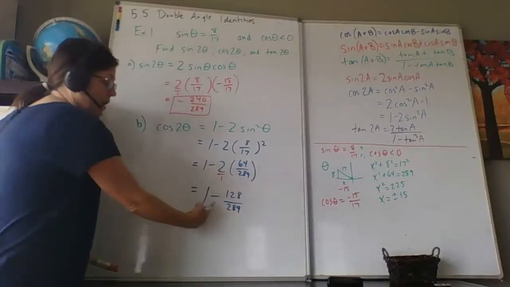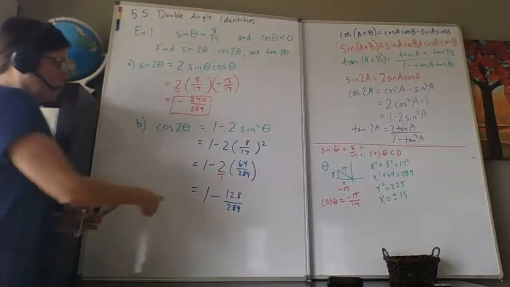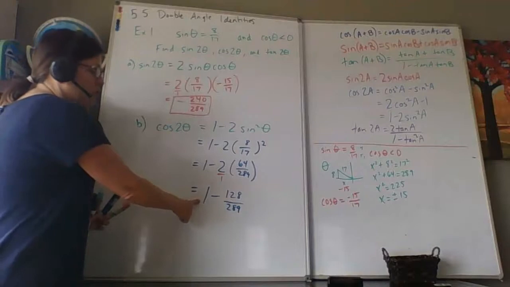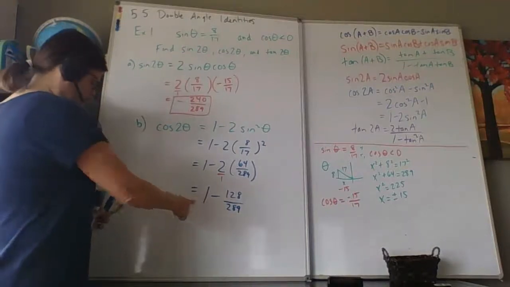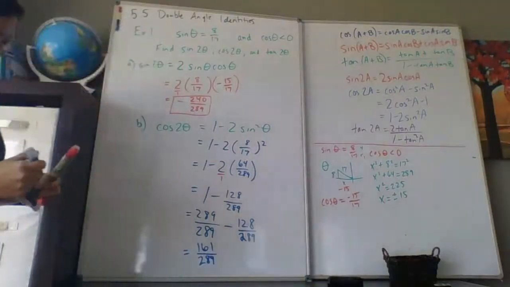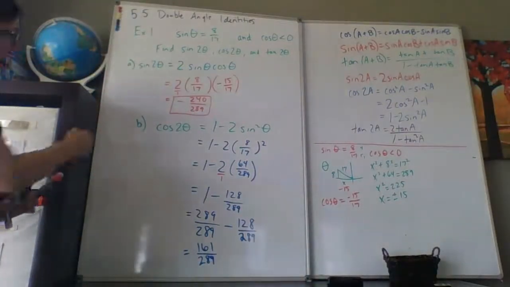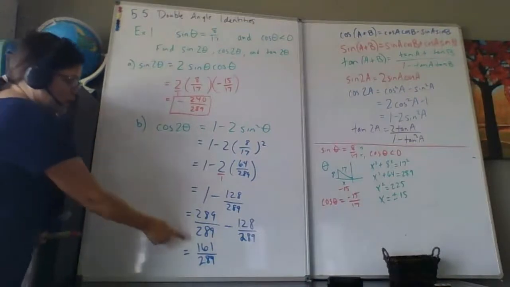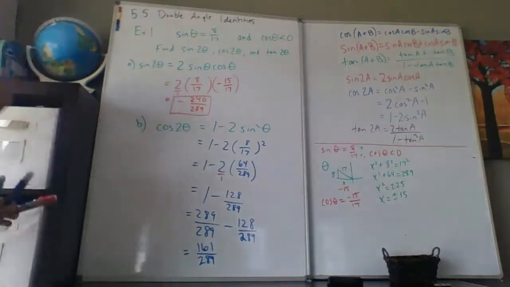Now we need a common denominator to subtract. So I will write 1 as 289 over 289. We subtract the numerators, the denominator stays the same, so we get cosine of 2 theta is 161 over 289.